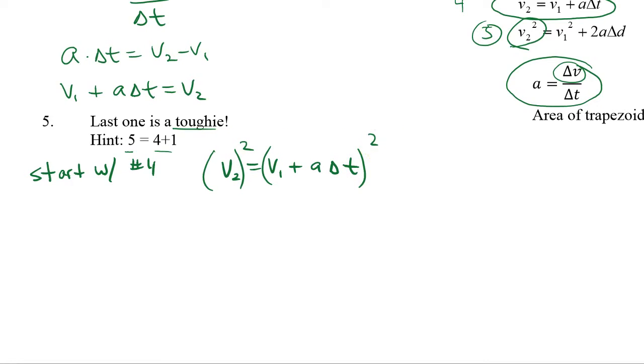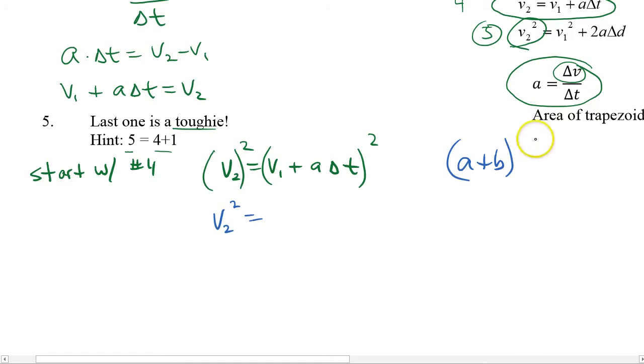Now, careful, you algebraic people out there. The left-hand side is easy, v2 all squared. Now this one, remember when you square a binomial, a plus b all squared, another way to think of it is a plus b times a plus b. And then if you use FOIL, you get a squared, that's the first, and then the outer, a times b, and then the inner, which is another a times b, and then the last is b squared.